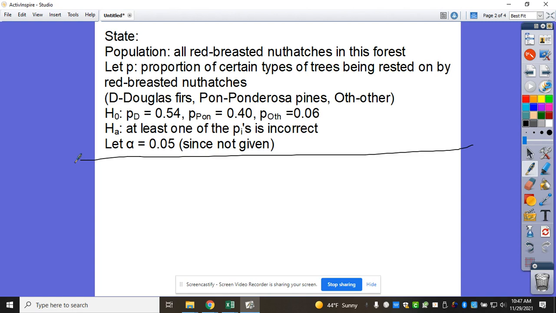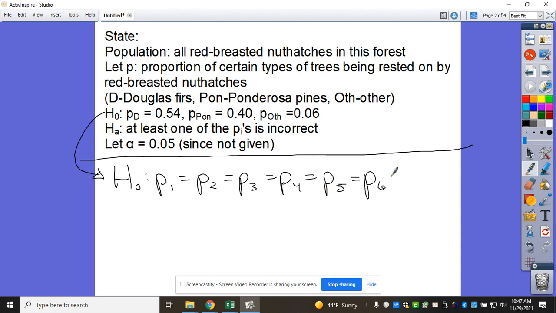Probably wouldn't need a key there because it's really obvious. So P1 equals P2 equals P3 equals P4 equals P5 equals P6 equals 1/6. So all of them are claimed to be the same. This would still be the same. We'd still have an alpha.